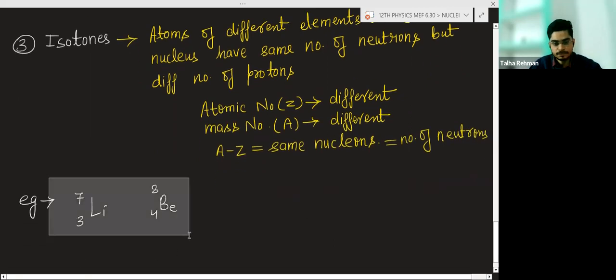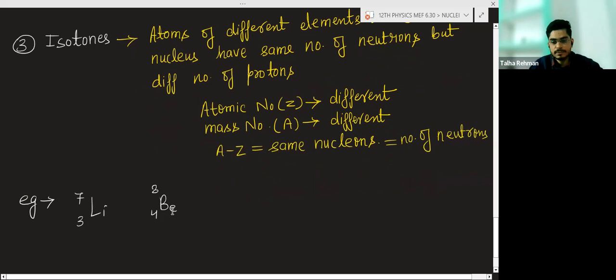You can see here lithium and beryllium. These are two atoms. What is the atomic number of lithium? 3. What is the atomic number of beryllium? 4. So the atomic number is different. Now come to the mass number: 7, 8. The mass number is also different.